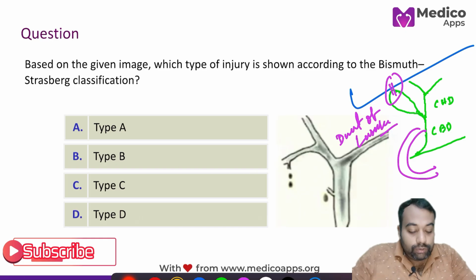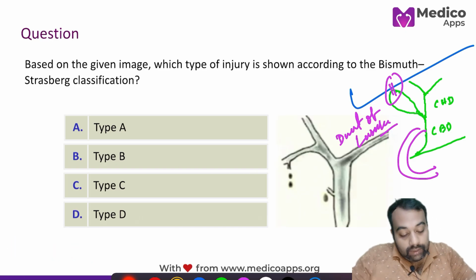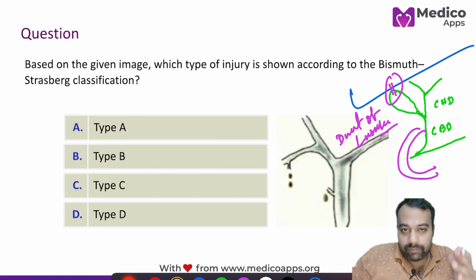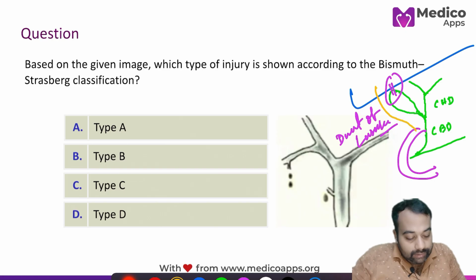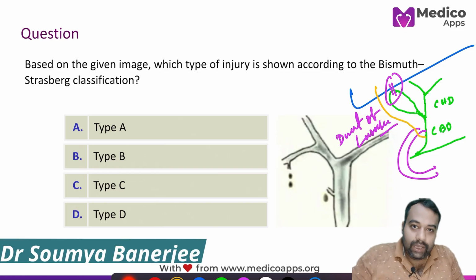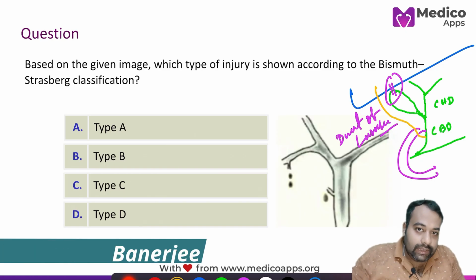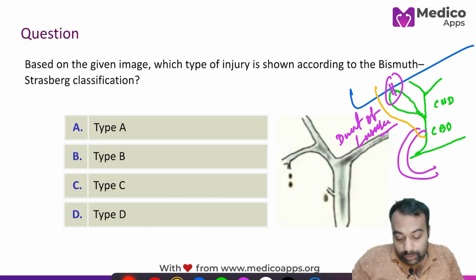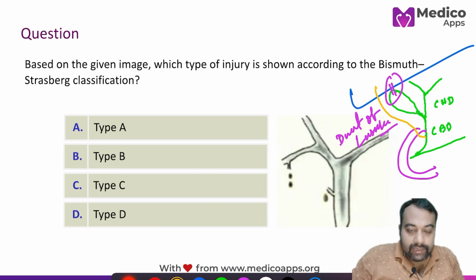As the name suggests, it's aberrant. They are abnormally located and drain directly into the CBD. That's why they're aberrant in nature and location, which makes them much more susceptible to getting injured. Okay, so this is the basic idea of the anatomy.